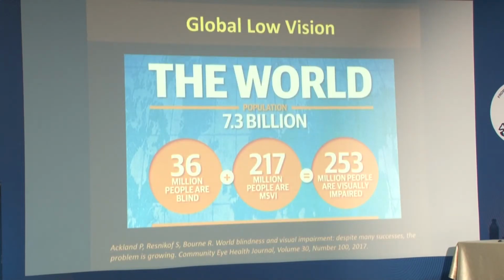Now I come to the epidemiology part, some data I am going to share with you. A recent study by WHO has demonstrated that 253 million people are visually impaired, out of which 217 million are moderate to severe visually impaired, and these are people who require low vision devices.